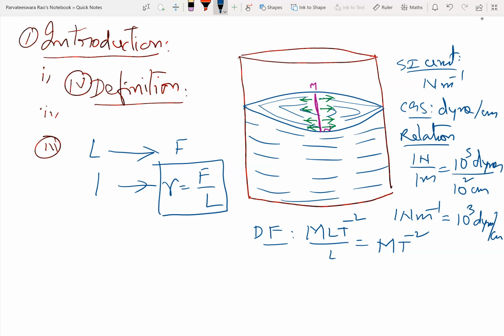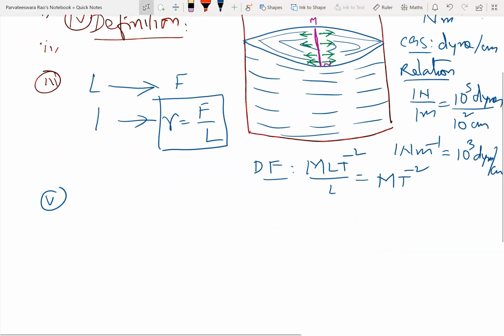Fifth point. I told you already the cause of surface tension is because of molecular phenomenon, that is, cohesive forces means intermolecular attractive forces between the molecules of same kind. Adhesive forces means intermolecular attractive forces between the molecules of different kind.